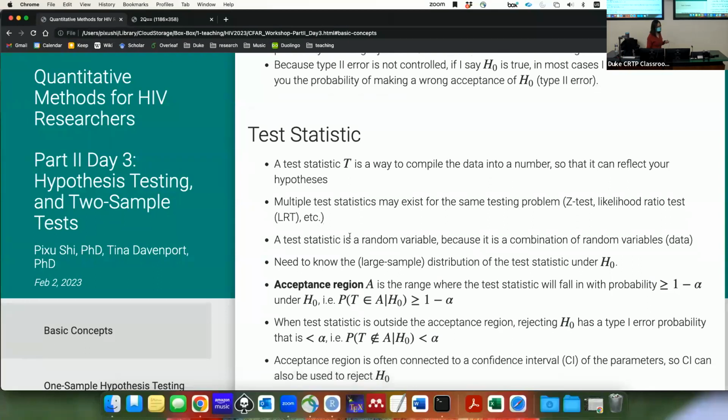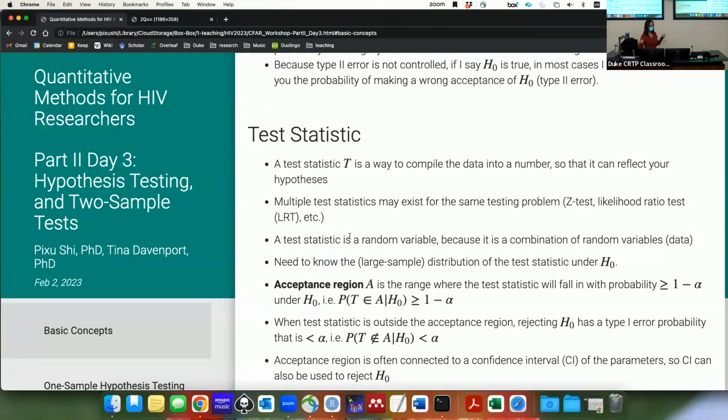When you have a test statistic, it's going to be a random variable. It's a little confusing because you already compile your data into this one number. The mean of your 10 samples is going to be, for example, 2, and that's one number. How is it a random variable? If you do another sampling, get another 10 patients and calculate a mean, it may not be 2 anymore.